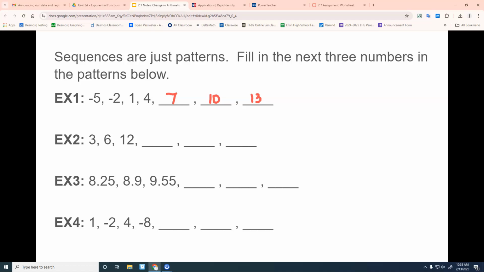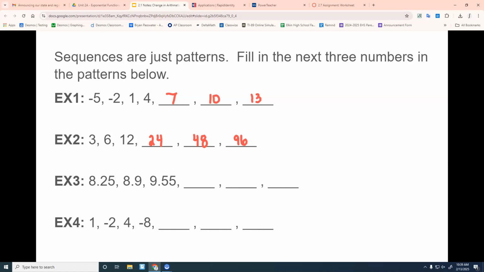So you've really been doing sequences since you were little, just filling in the pattern. If we look at number 2, what are we doing on that one? Times 2. So the next one would be 24, and then 48, and then 96, just multiplying by 2 each time.